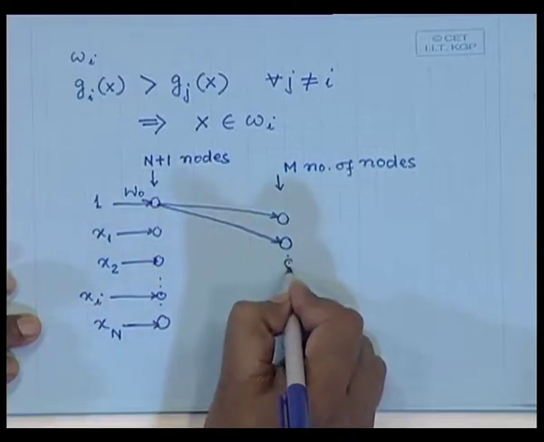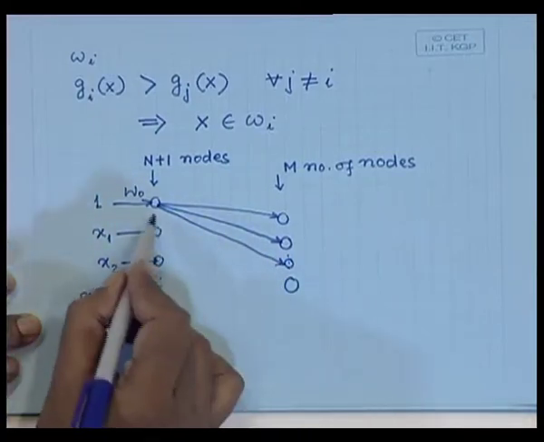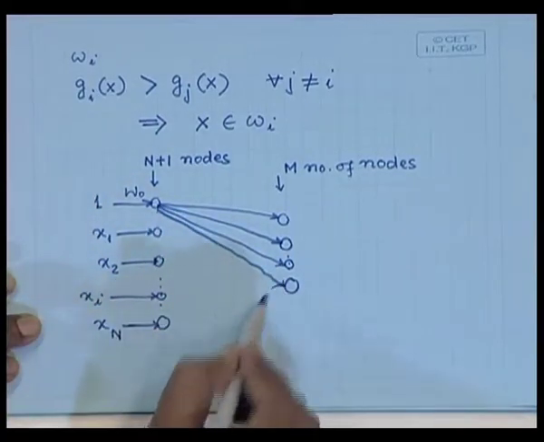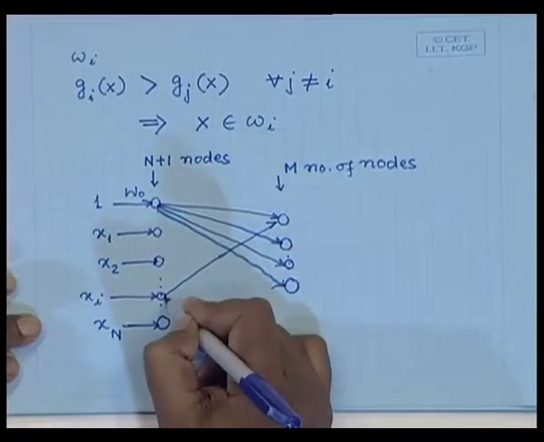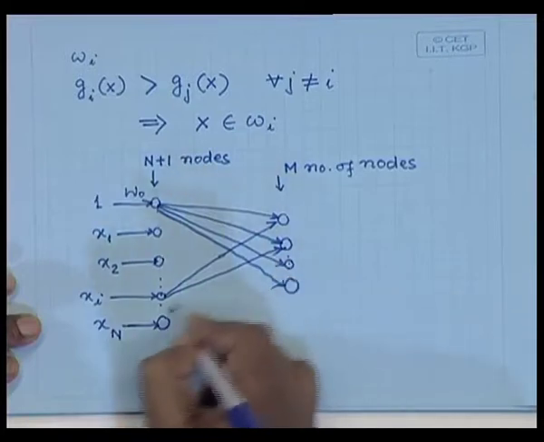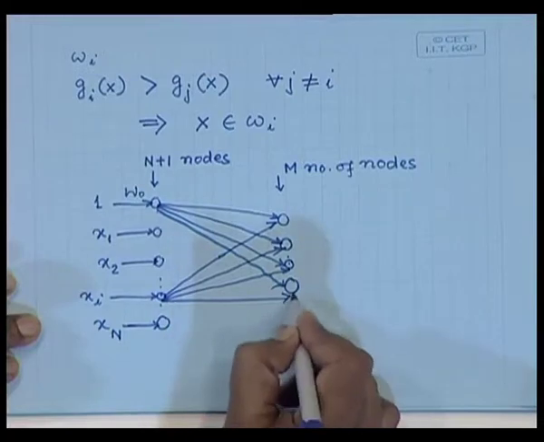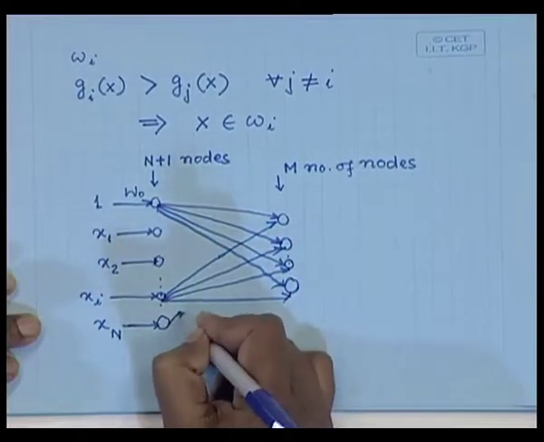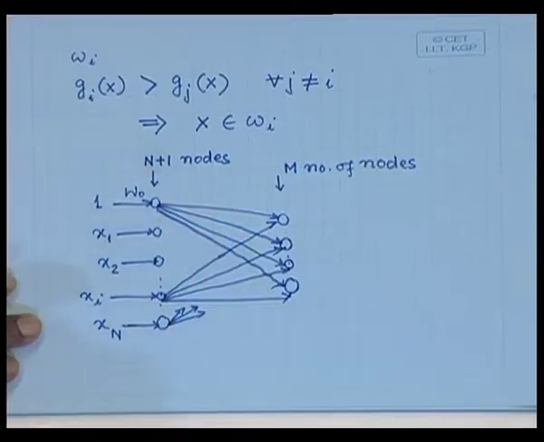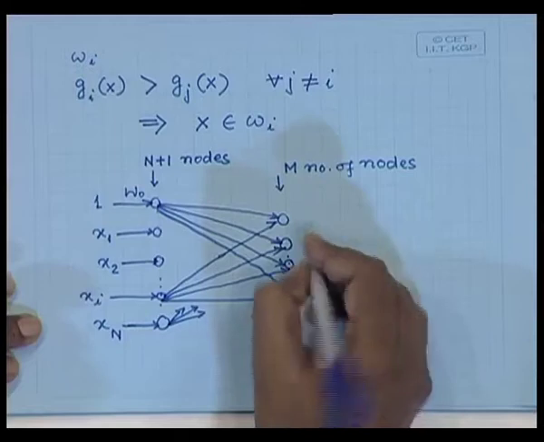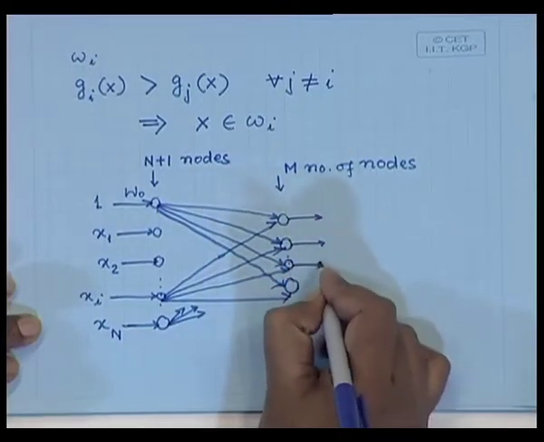Let us consider one node over here. So, this is the jth node. Similarly, this will also be connected to every node in the output layer. And these are the outputs from every output layer node.